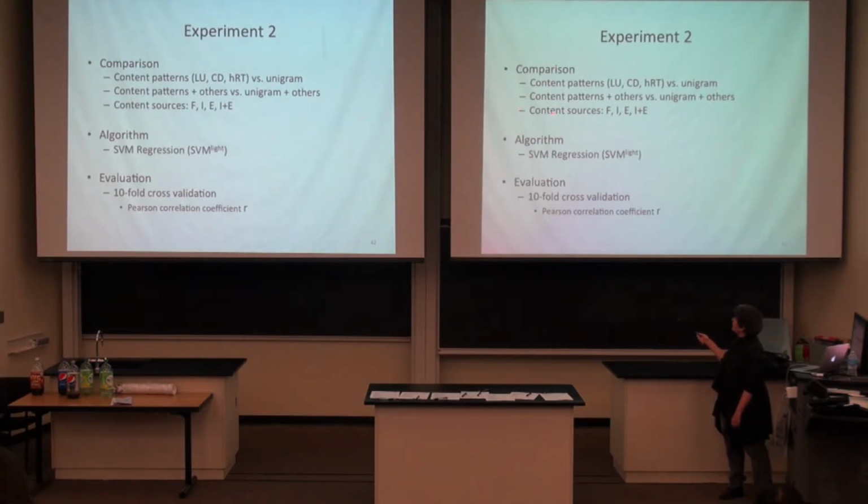The second question is how these new features interact depending on where they were extracted from, where F stands for the full review, I stands for the internal content, E stands for the external content, and I plus E means we extracted them for each and then considered them all together. We basically appended them. The internal and external content were identified using the topic signature algorithm that I described earlier. But the rest of the experiment was the same as the first experiment: the same learning algorithm, the same temporal cross-validation, and the same evaluation metric.